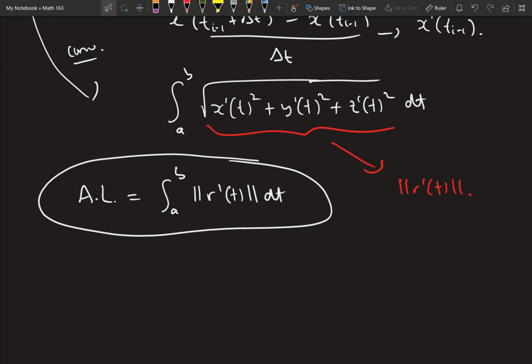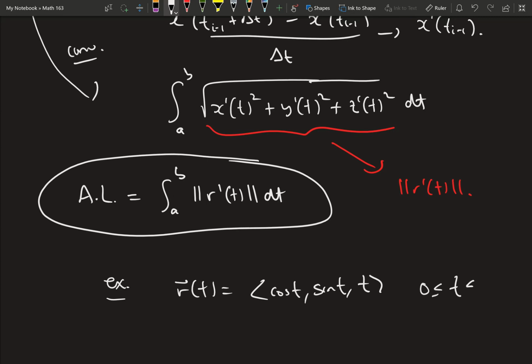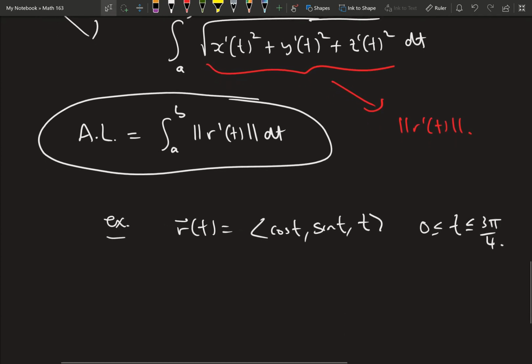So let's just do one or two examples here. So let's say r of t is cosine of t, sine of t, and t. So this is that helix that we talked about at some point. And let's say we're taking t from 0 up to, say, 3 pi over 4, and we want to find the arc length.